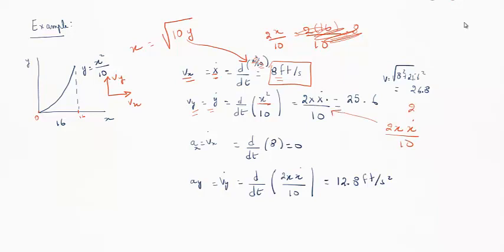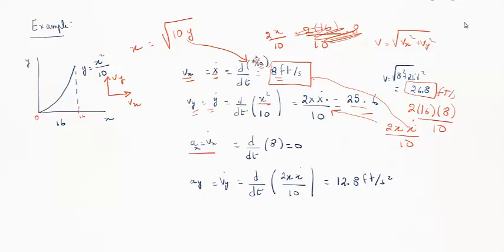Now plugging in 2 times 16 times 8, x dot, which we got from before, over 10, we get 25.6. Now if we want to know the velocity, it's just the square root of vx squared plus vy squared. Plugging in the values we get 26.8 feet per second.